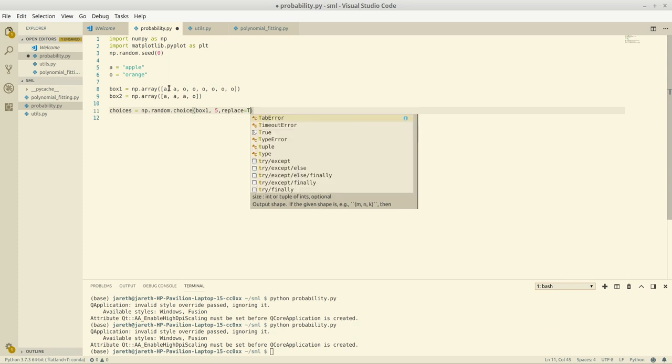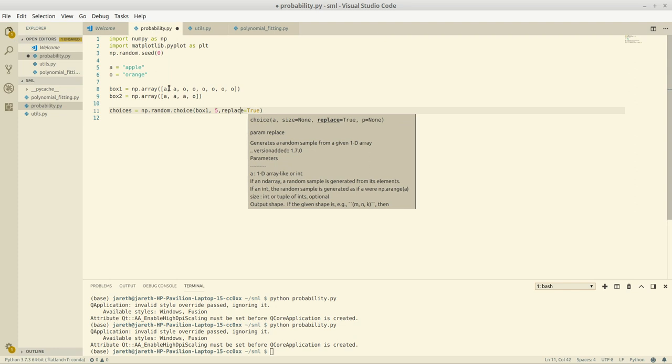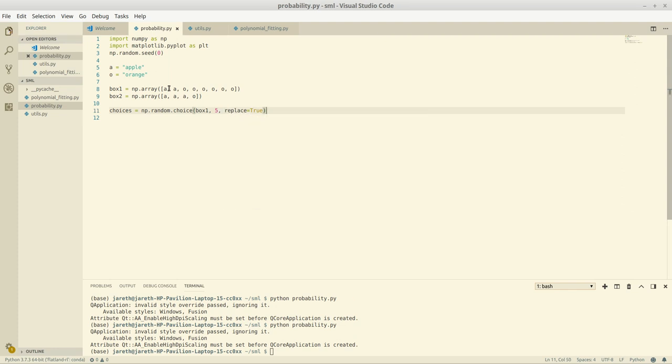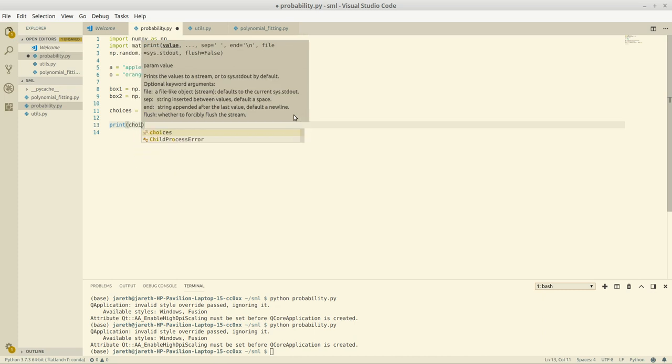It should be true by default, but I just want you to know what kind of options you can use. This is called sampling with replacement. You can also do sampling without replacement, and we're gonna talk more about this in the future, of course. But just so you know that this functionality is available to you. So let us print our choices here.